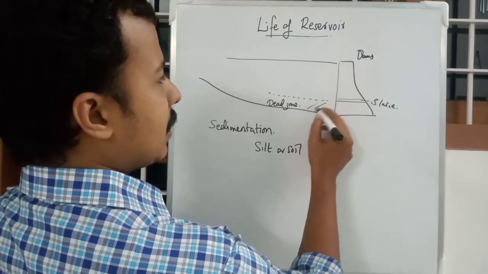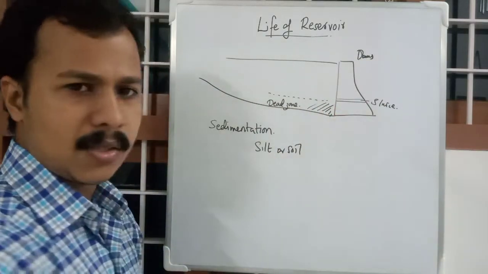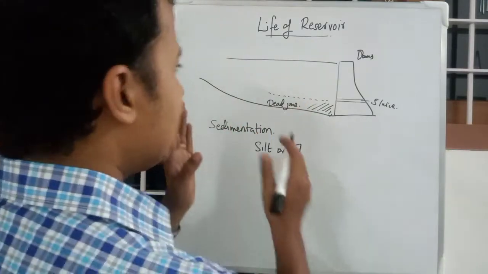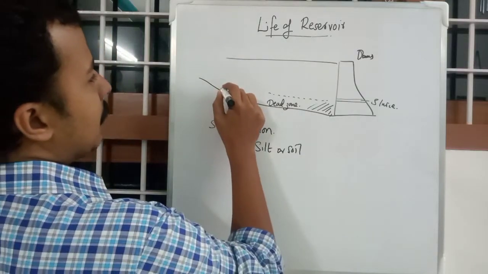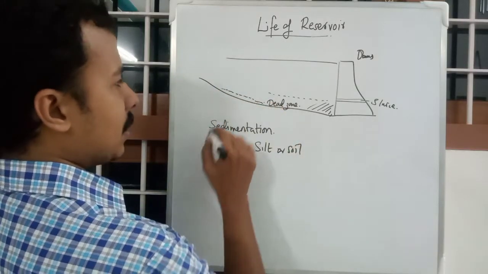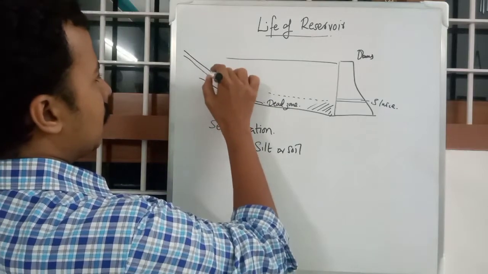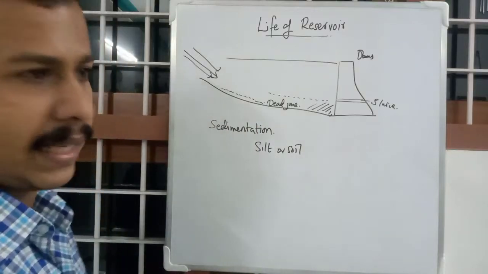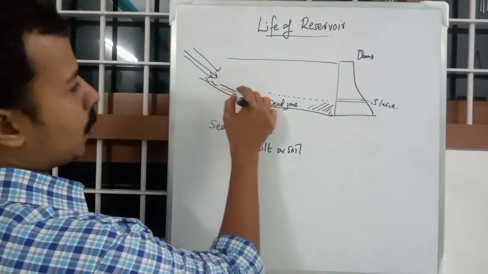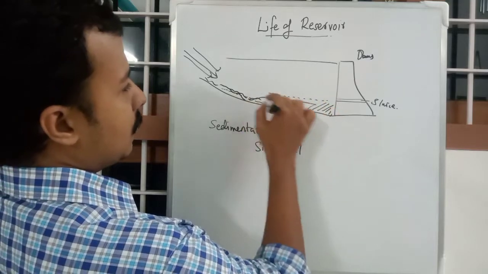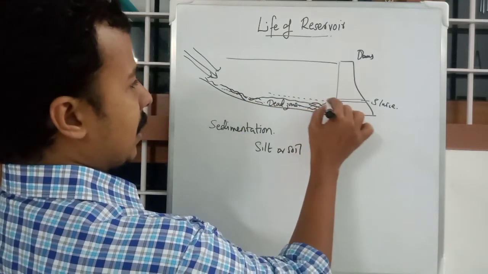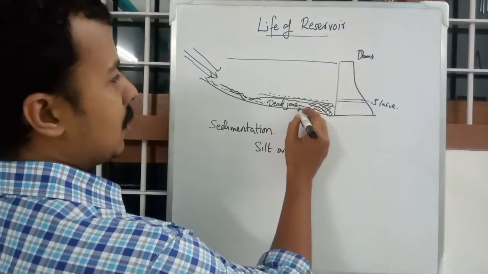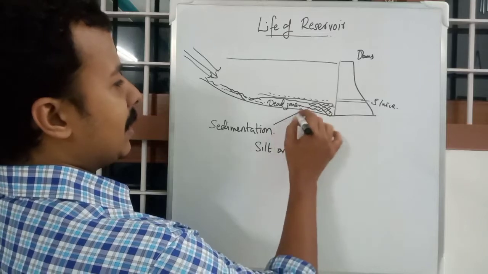We will not be using this water for any purpose. This is allotted so that sedimentation can accumulate. Sediment flows in from the catchment area into the dam and is stored in this zone. As the years go by, this dead storage will accumulate sedimentation.